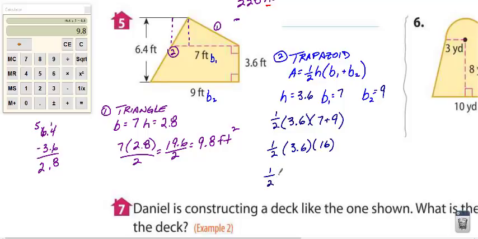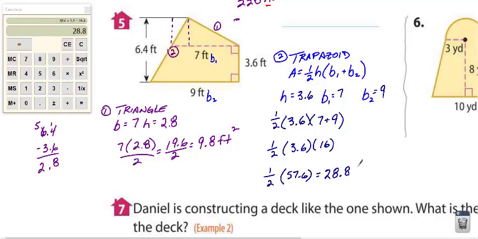So now I'm going to have 1/2 times whatever 3.6 times 16 is, which is 57.6. 1/2 times 57.6, so multiply that by 0.5, which would be the same as dividing it by 2, gives us 28.8.